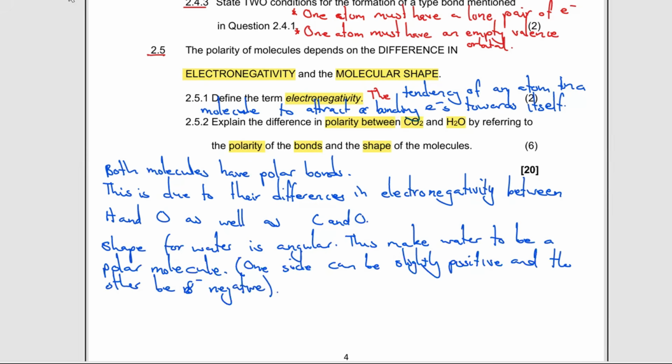Then in terms of the shape for the carbon dioxide molecule, CO2, it has a linear shape, and thus it is non-polar. So we're going to formulate a non-polar molecule.